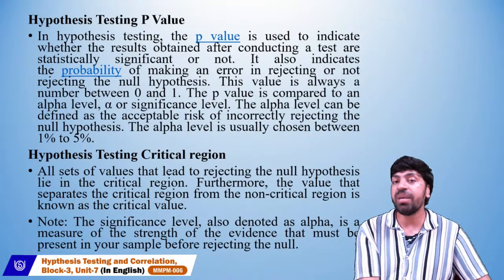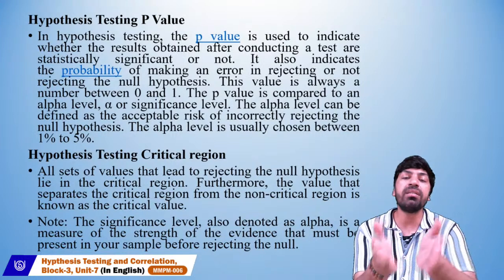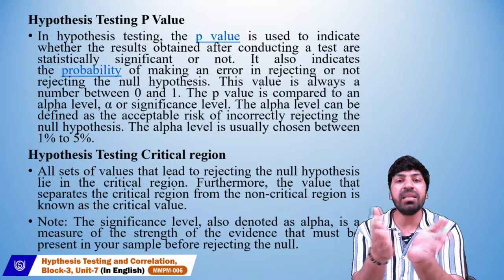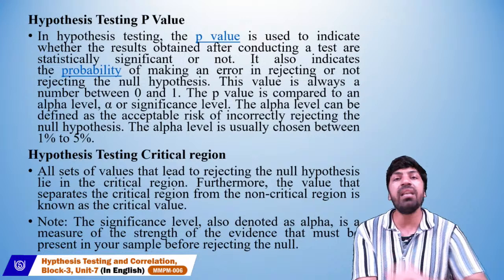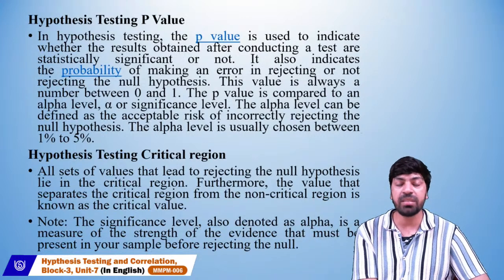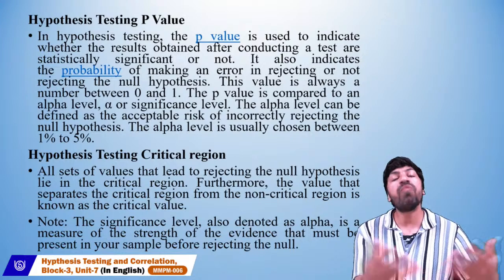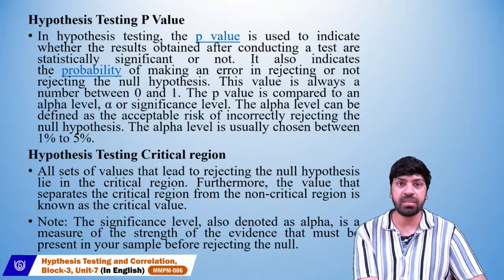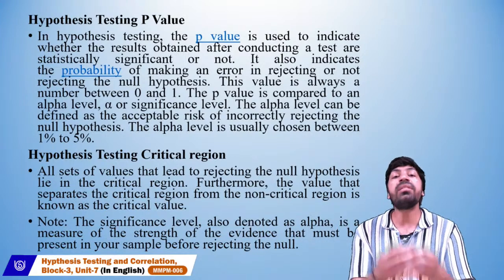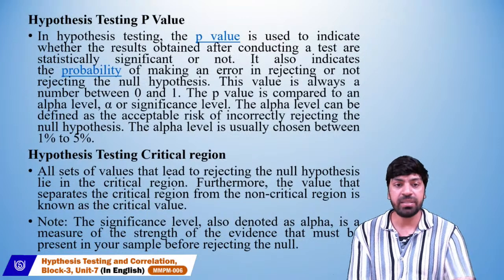If I've chosen 5%, so 0.05, and the p-value is 0.00, that means the p-value is less than the alpha level, so we reject the null hypothesis. If the p-value is more than the alpha value, we accept the null hypothesis. So this is how the results are to be concluded in your studies.